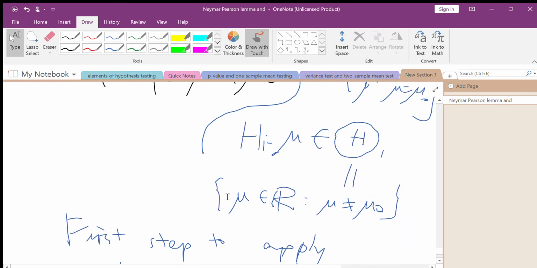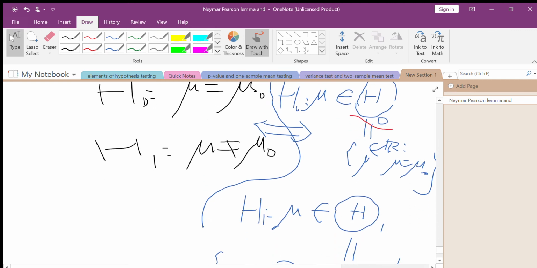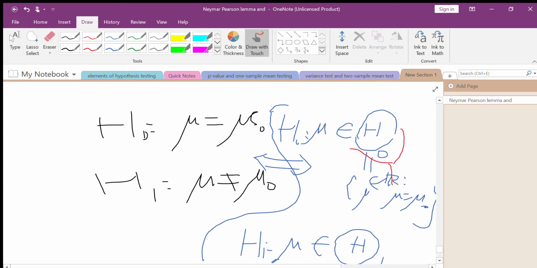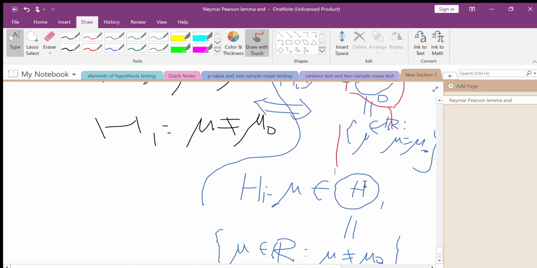In this case, we denote capital theta 0 as the parameter space for the null hypothesis, and capital theta 1 as the parameter space for the alternative hypothesis.